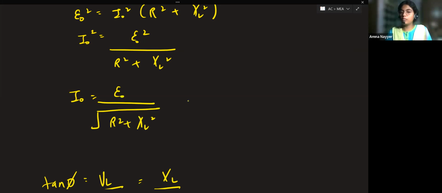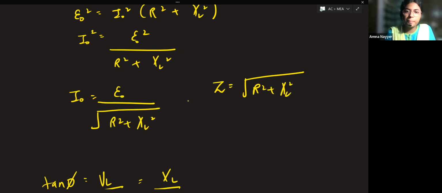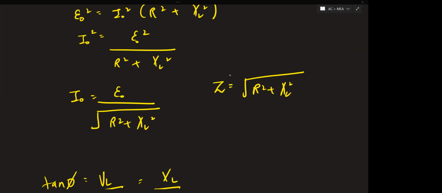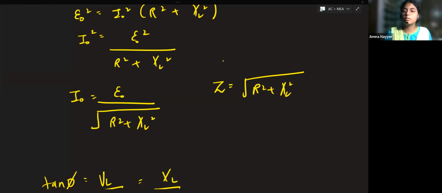So the value of impedance Z will be equal to under root R square plus XL square. Was somebody asking something? No, ma'am. Okay. Otherwise, we had XL minus XC whole square, so that part is not there. So easy calculations now, that's what I'm saying.